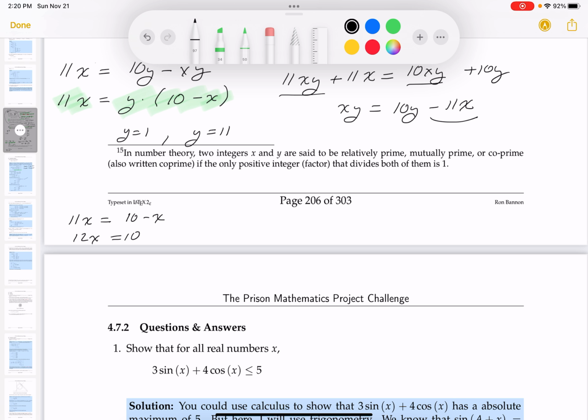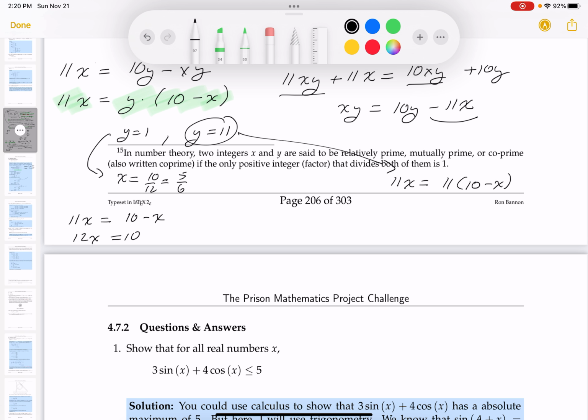So what's x over here? Let me write this down. x would be 12 tenths, I'm sorry, 10 twelfths, which is 5/6. That's bad news. All right, I hope I don't hit a dead end with the 11. Let's try this. So it's 11x, if y is 11, I'm on this one now, equals 10 minus x.